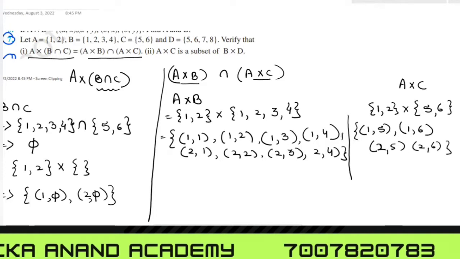Now when we do the intersection, is there any ordered pair which is common in both of them? No, ma'am, no common ordered pair. Null set. 1 comma 5 is not there, 2 comma 5 is not there, so its answer is null set.